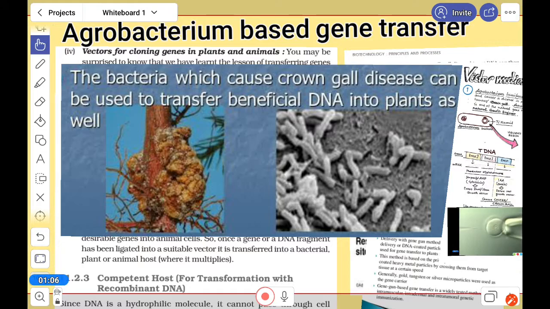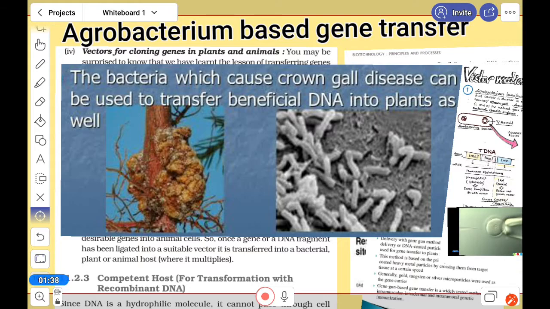Crown gall is almost like a cancer, which can be produced in dicot plants. Here is the diagram I can show you. This is the Agrobacterium tumefaciens soil-borne bacterium, and it causes a tumor called crown gall, a kind of cancer.